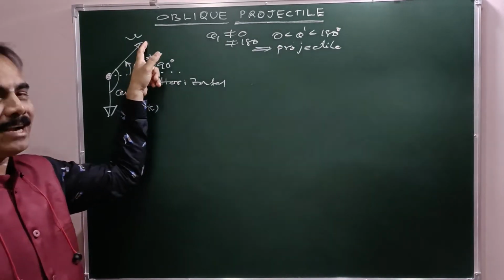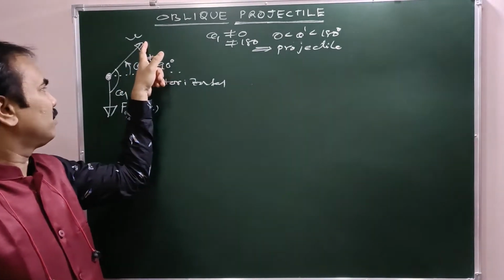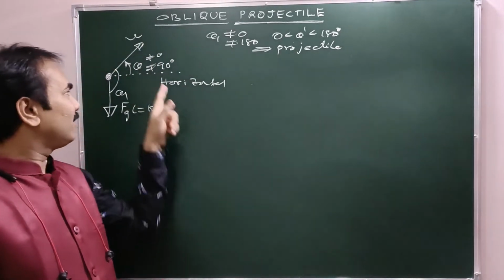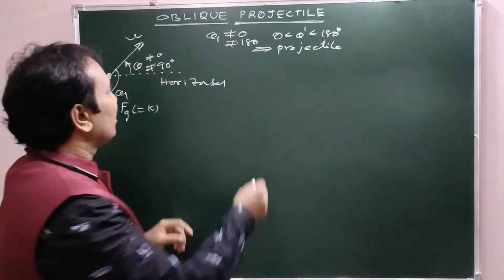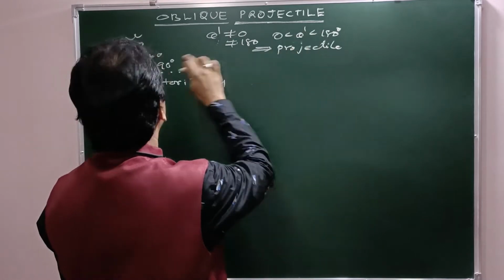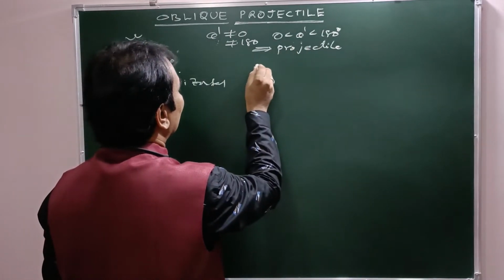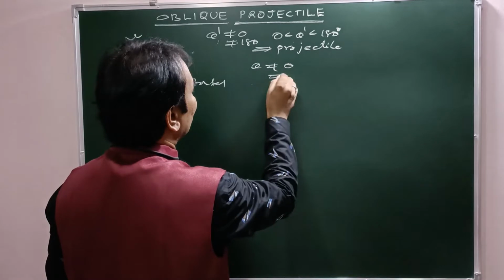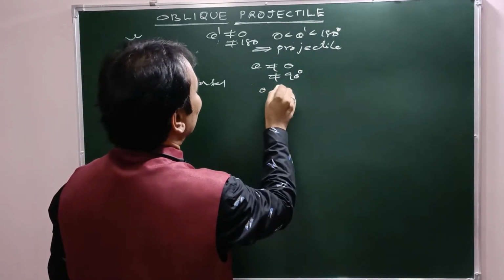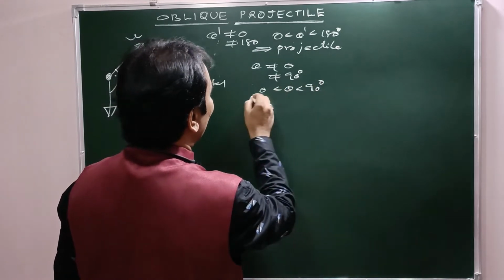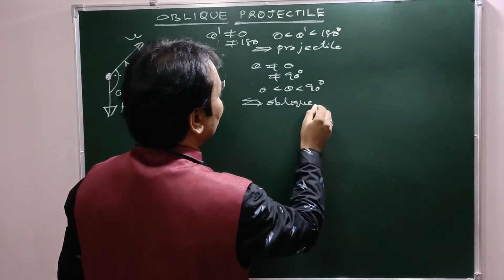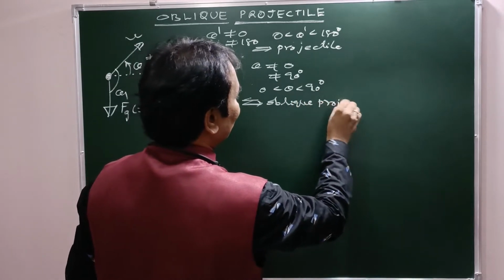If the velocity of projection makes some angle with the horizontal or x-axis such that theta lies between 0 and 90, here it is theta dash, but here theta is not equal to 0, not equal to 90, 0 less than theta less than 90. Then it is known as an oblique projectile. Am I right?